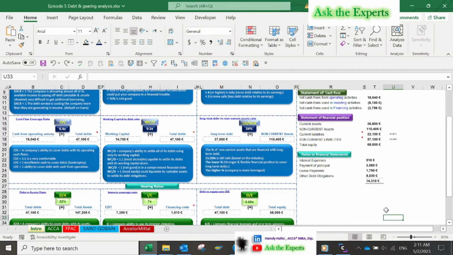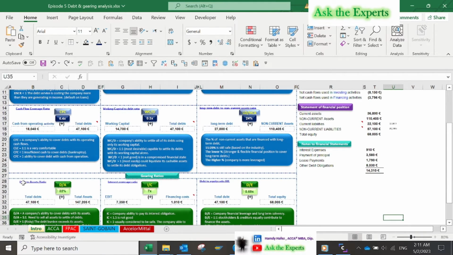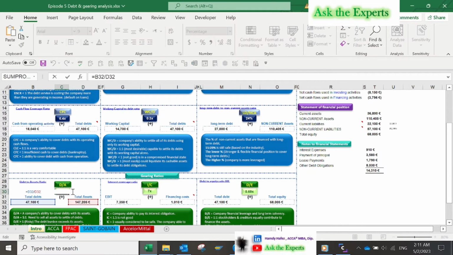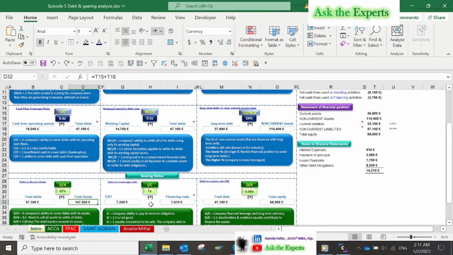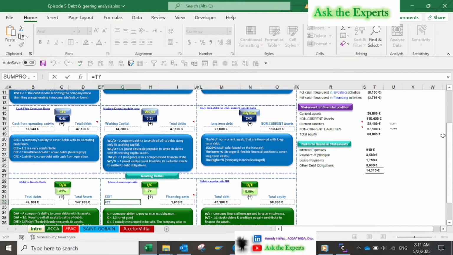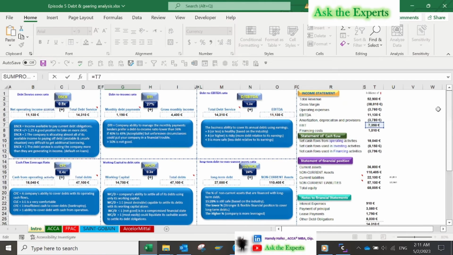The debt-to-assets ratio is equal to total debts divided by total assets. It measures the company's ability to cover debts with its assets. The interest coverage ratio is calculated by dividing the EBIT by finance cost.